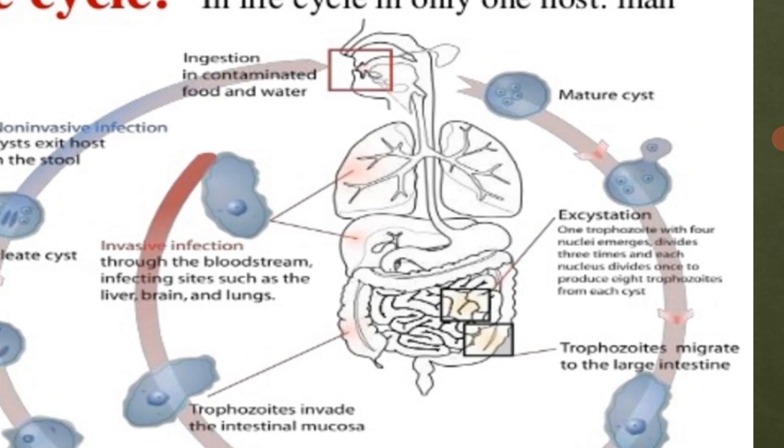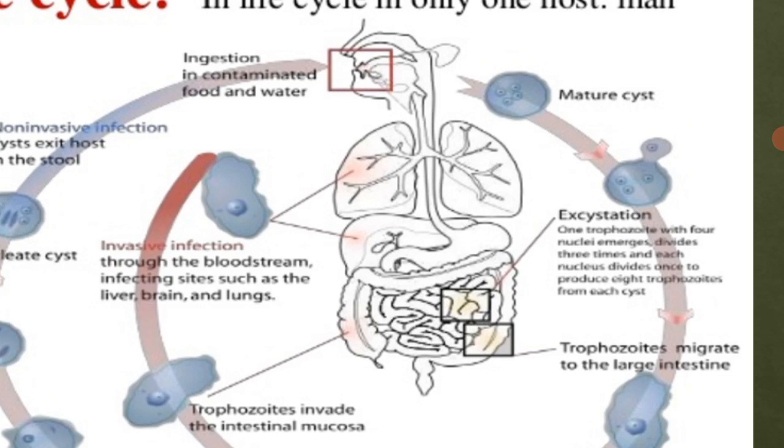Concentrate on the term: mature cyst forms enter. The cyst is multinucleated, so it has more nuclei. Now excystation will happen. One trophozoite with 4 nuclei emerges, and each nucleus divides once to produce 8 trophozoites from each cyst.